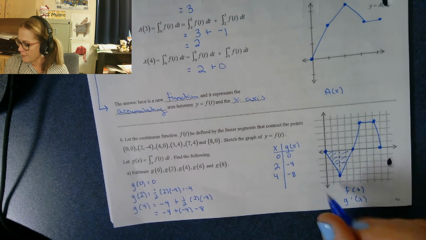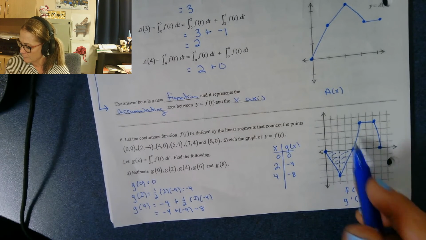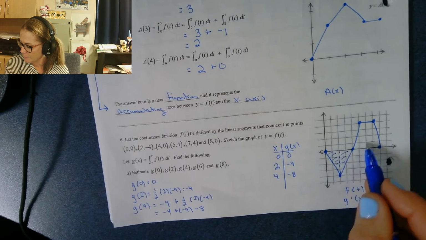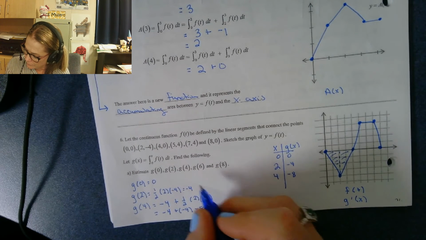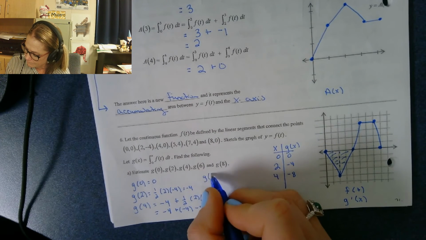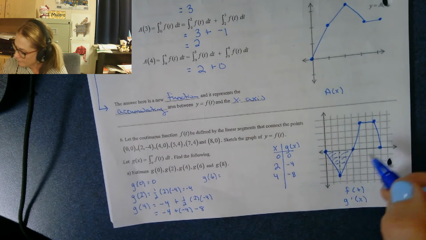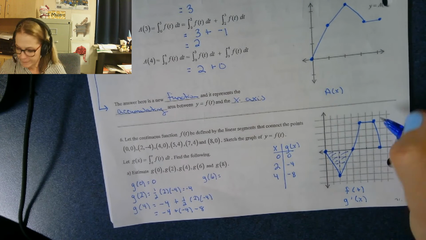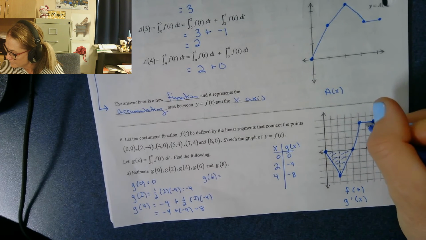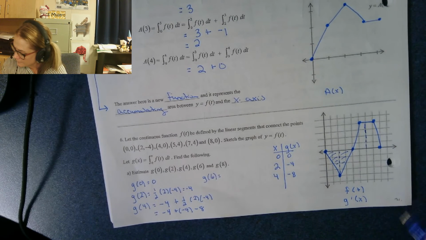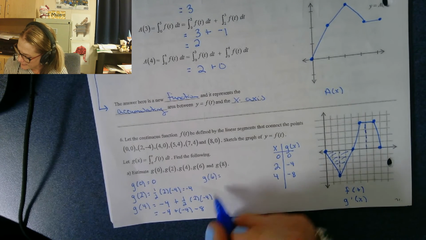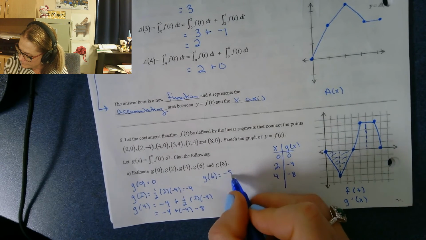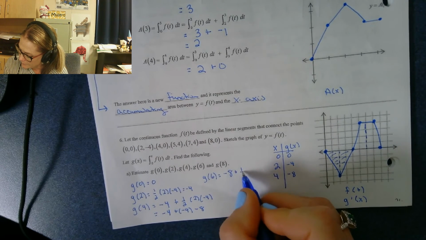So we're there. But now, in accumulating, we want to make sure we add in this piece when we cruise on over to G of 6. Okay, so now we're here. So I've got to add in this piece. Okay, and so G of 6 is going to take that negative 8, and it's going to add in this trapezoid.